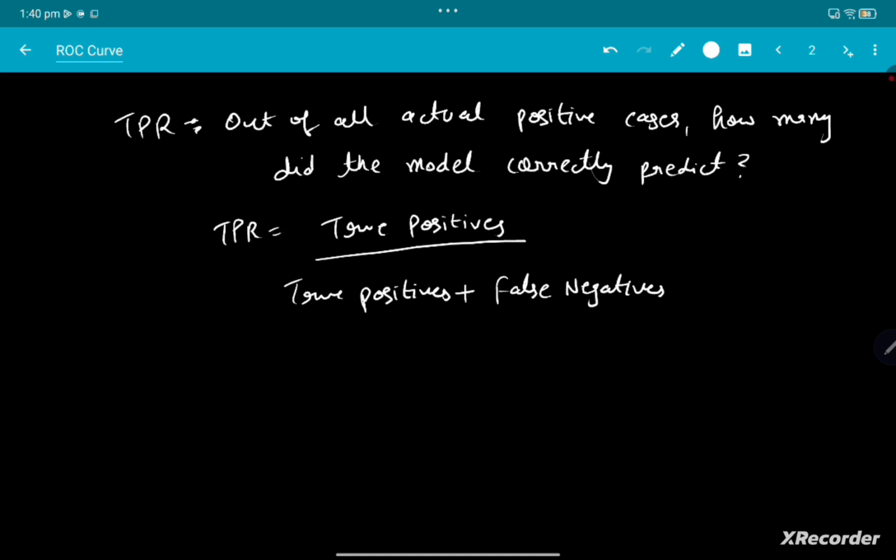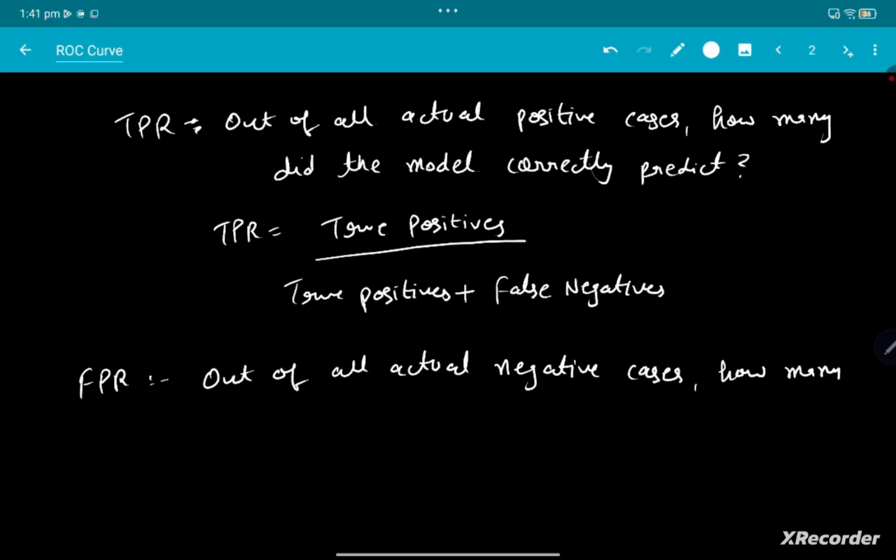Now the second quantity is false positive rate, which tells you that out of all actual negative cases, how many were wrongly predicted as positive.